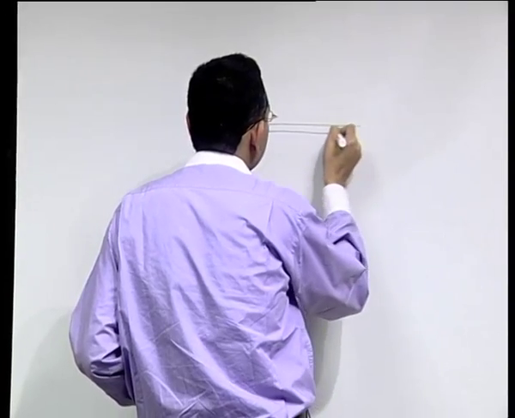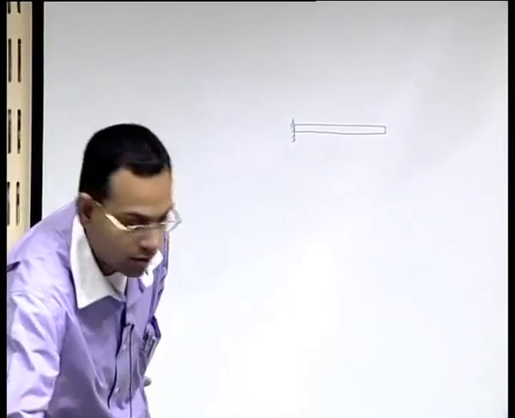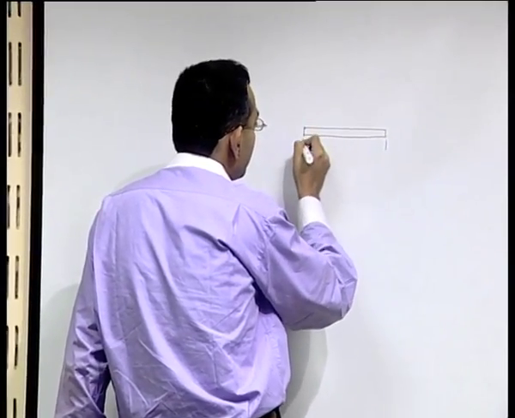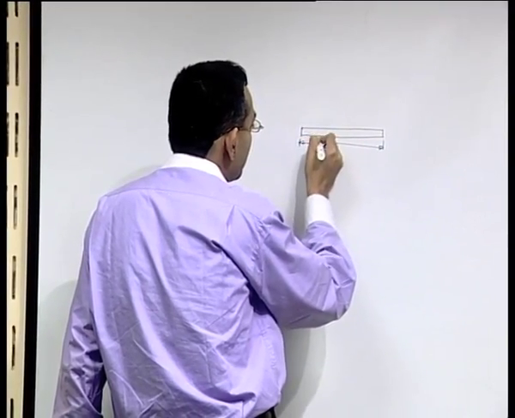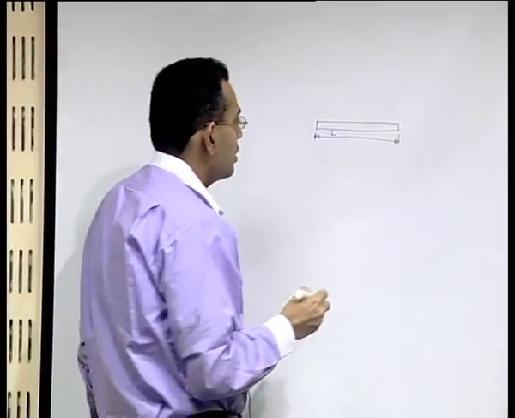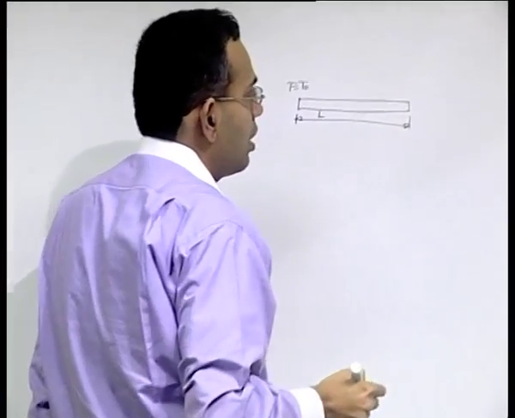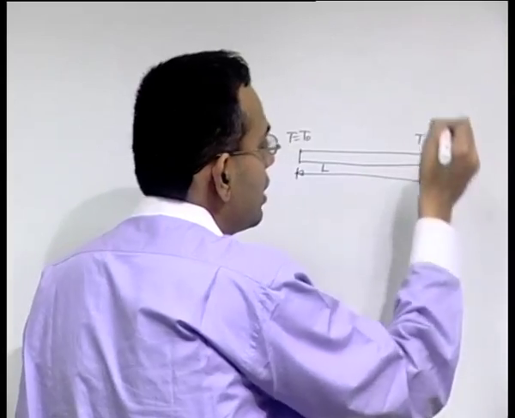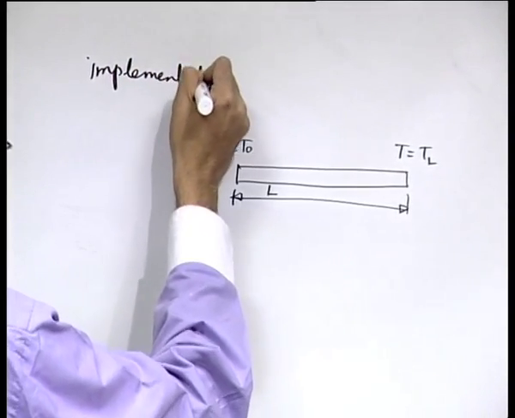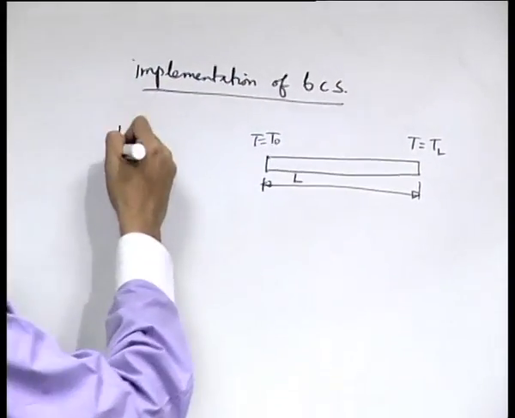Let us say that you have a rod like this of length L, and let us consider that T is equal to T0 at x equal to 0 and T equal to TL at x equal to L. So, we are discussing implementation of boundary conditions. This is the first example that we consider.